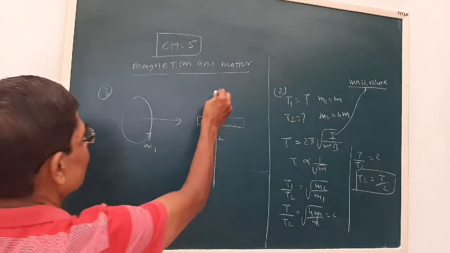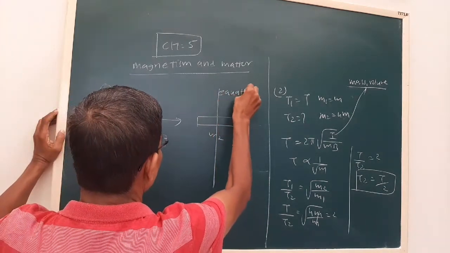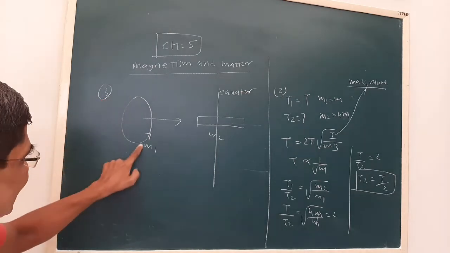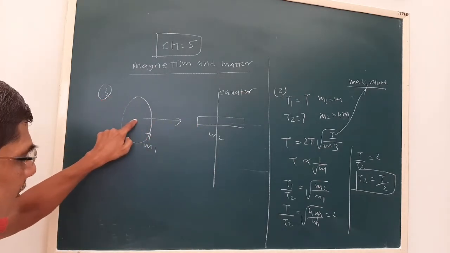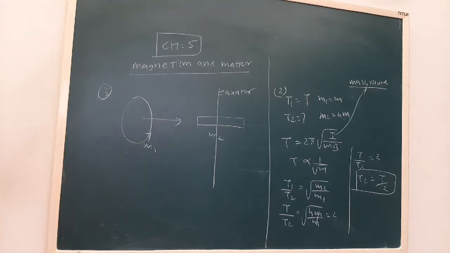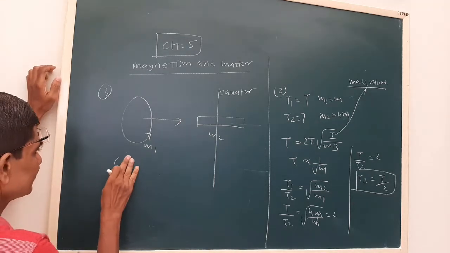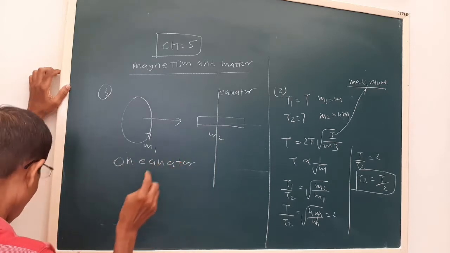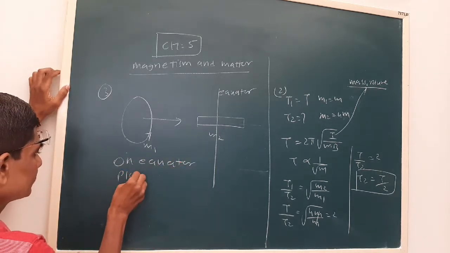So this line we know is the equator. The line from the center will be the axial line, but any other point will be on the equator. So our answer is, it will be on the equator, in the plane of the magnet.